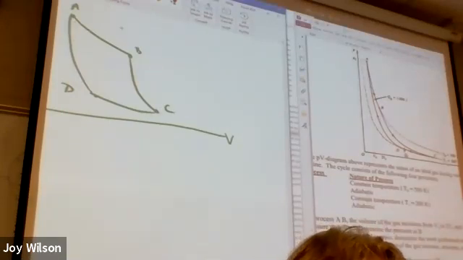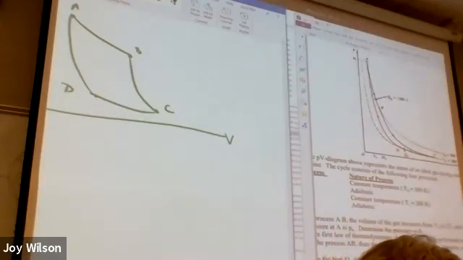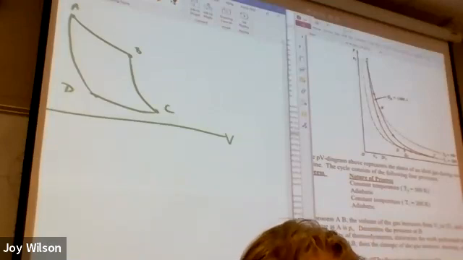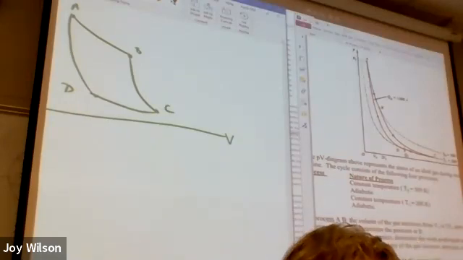None of these curves are isobars or isochores, because nobody is a horizontal line and nobody is a vertical line. The question is, are some of these adiabats or are they isotherms? Do we keep constant temperature or are we changing?